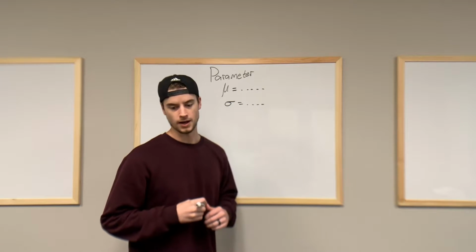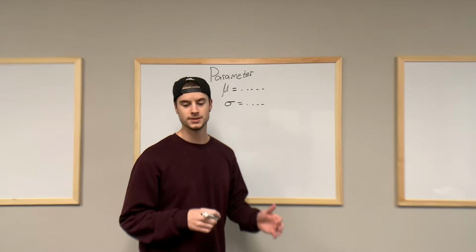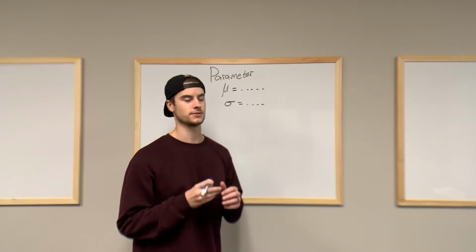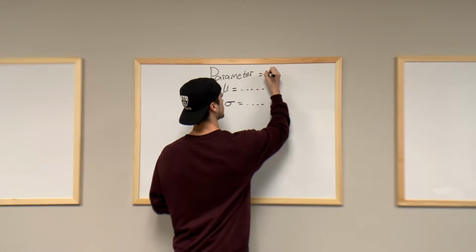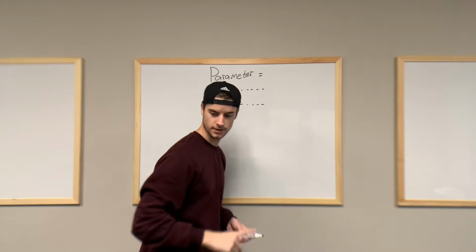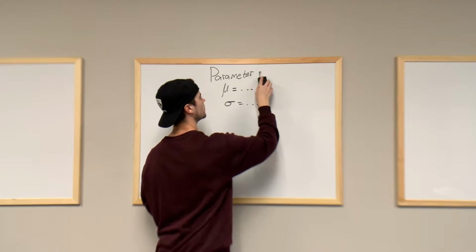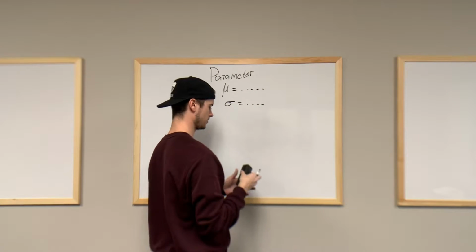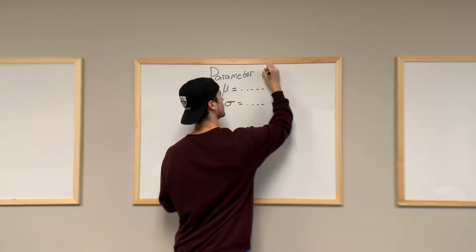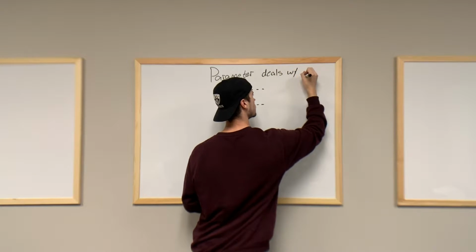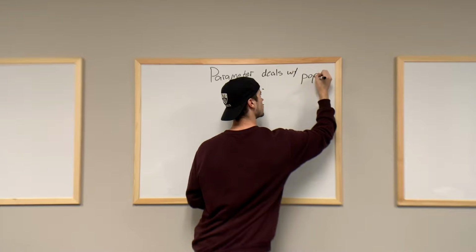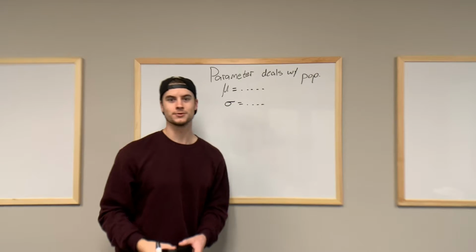And the difference between parameter and statistic is that a statistic is the same thing, except it deals with the sample, okay? So a parameter deals with the population.